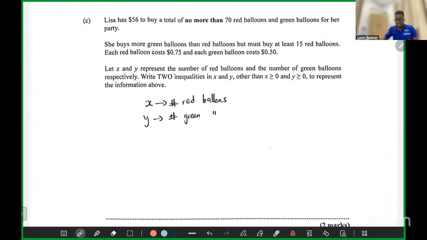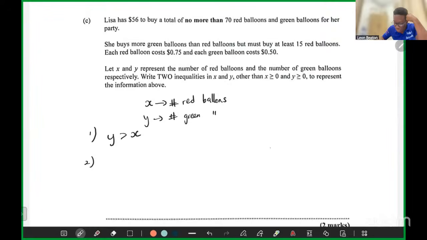So first things first, it told us Lisa has $56 to buy no more than 70 red balloons and green balloons for her party. She buys more green balloons than red balloons. So the first easy inequality we can come up with: green is greater than red. Green is Y, so you can say Y is greater than red, which is X. That is the first nice and easy one you can come up with.